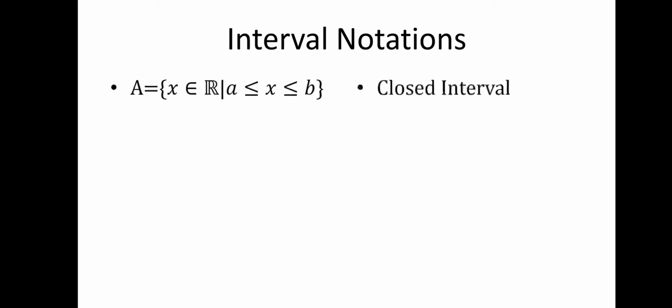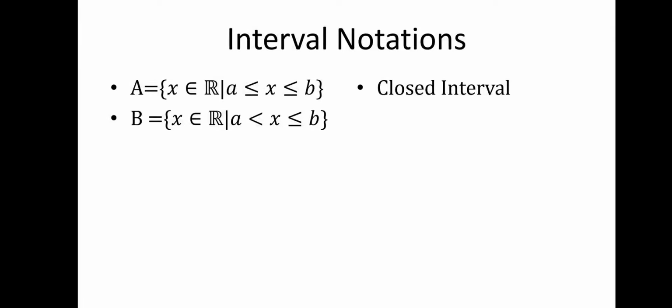Now they have names. We need to understand what the names are. The first one, A less than or equal to x less than or equal to B, that is considering both the endpoints, is called a closed interval. If I consider one of the ends, there is a little bit of notation difference from book to book.